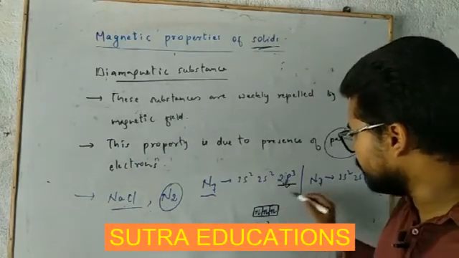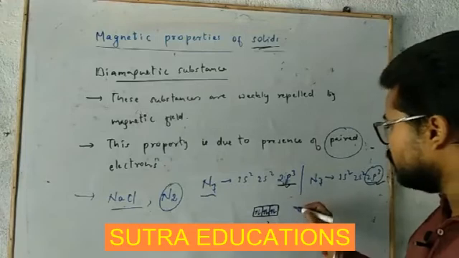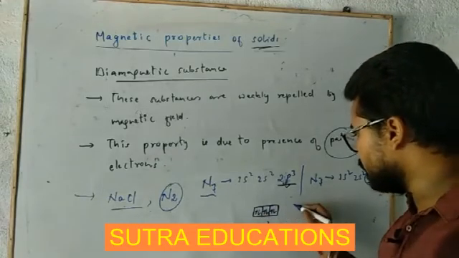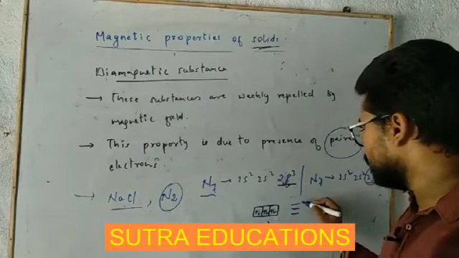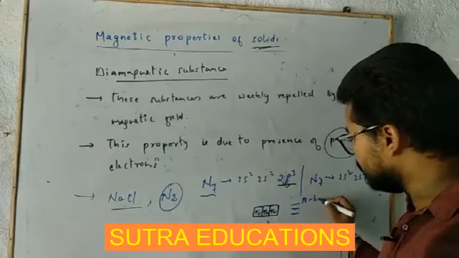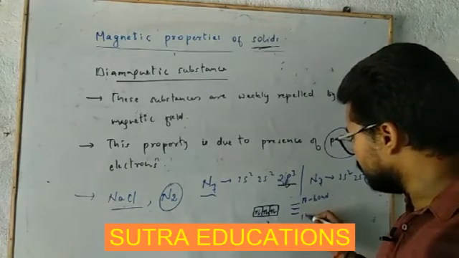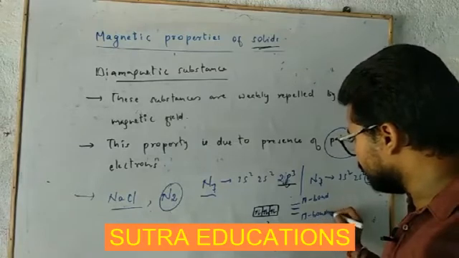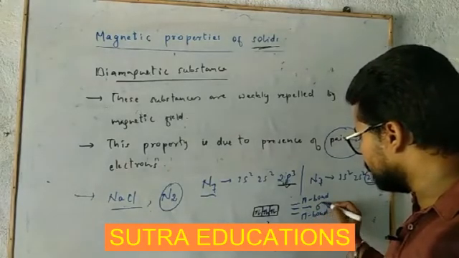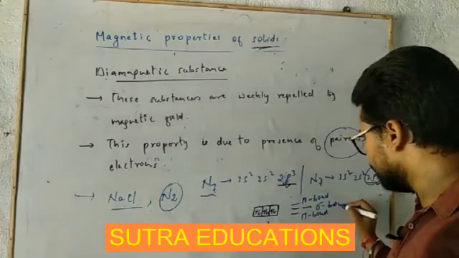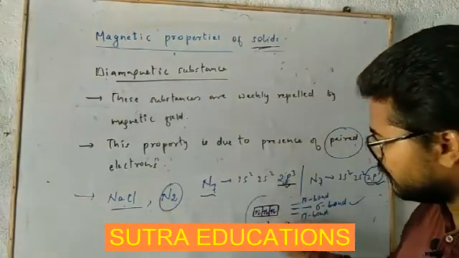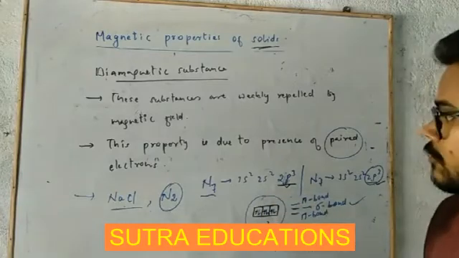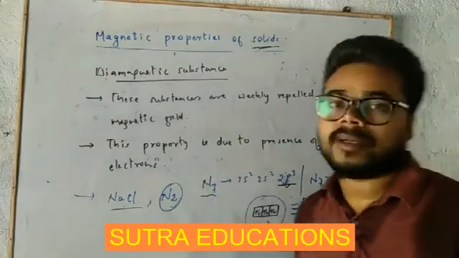So 2p will form bond, means it will be triple bond. Two bonds are pi bonds, and one bond is sigma bond. So from here you can say no unpaired electron is present here, so N2 is diamagnetic.